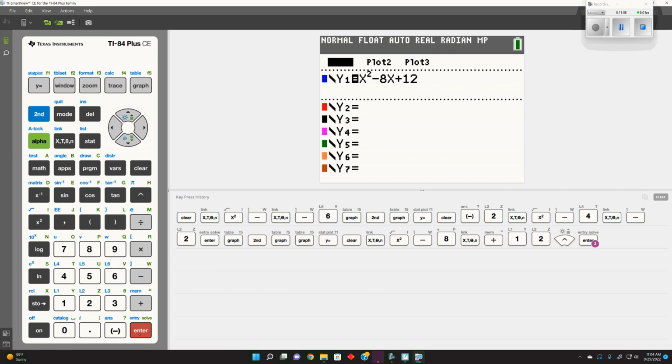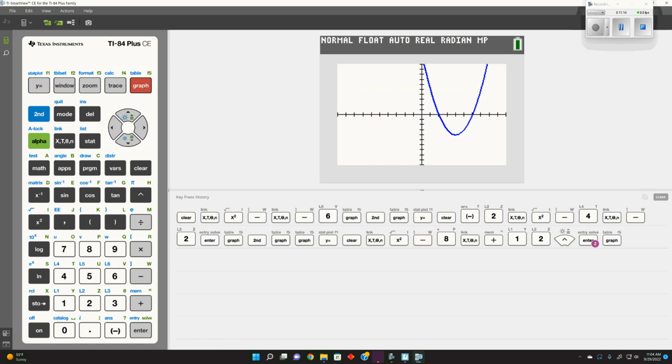Because we can plot points that way and do stuff with that. It will cause issues if we hit graph. If that's on, it'll do invalid dimensions because it's trying to graph whatever's in that plot. But if there's nothing there or it's not matching up, it won't work. Does that make sense?